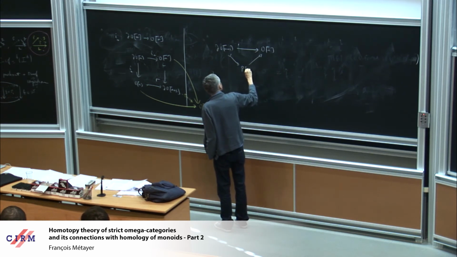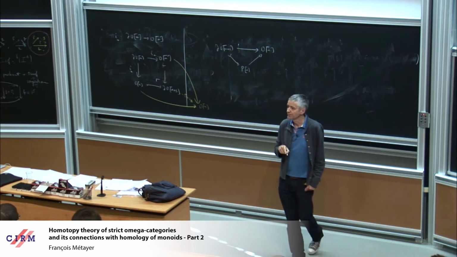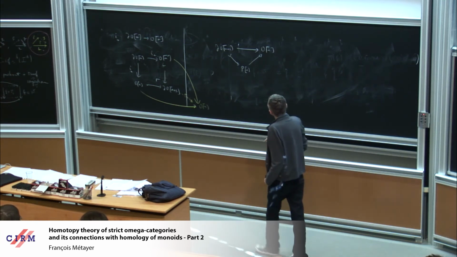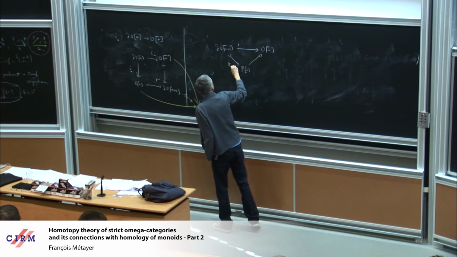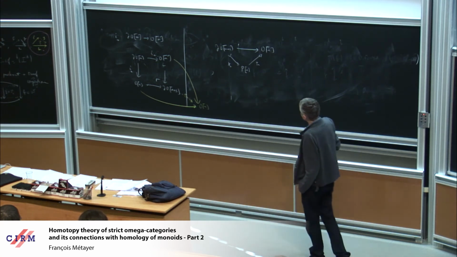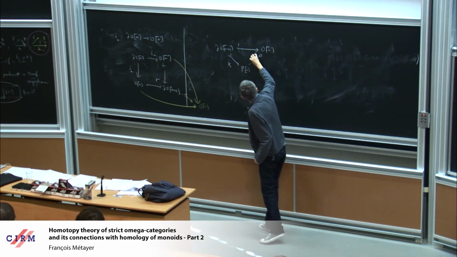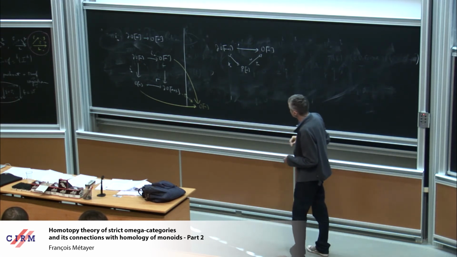And here you get a certain object, Pn, here. So this is called Kn, say, and this is Pn here. So this is a trivial fibration, this is a cofibration.